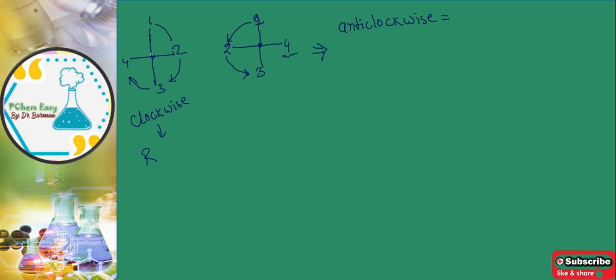So this chiral carbon configuration would be R. Here, if it is moving anti-clockwise, that chiral carbon would be S. Okay. So this is basically what we will have to do after assigning the priority.